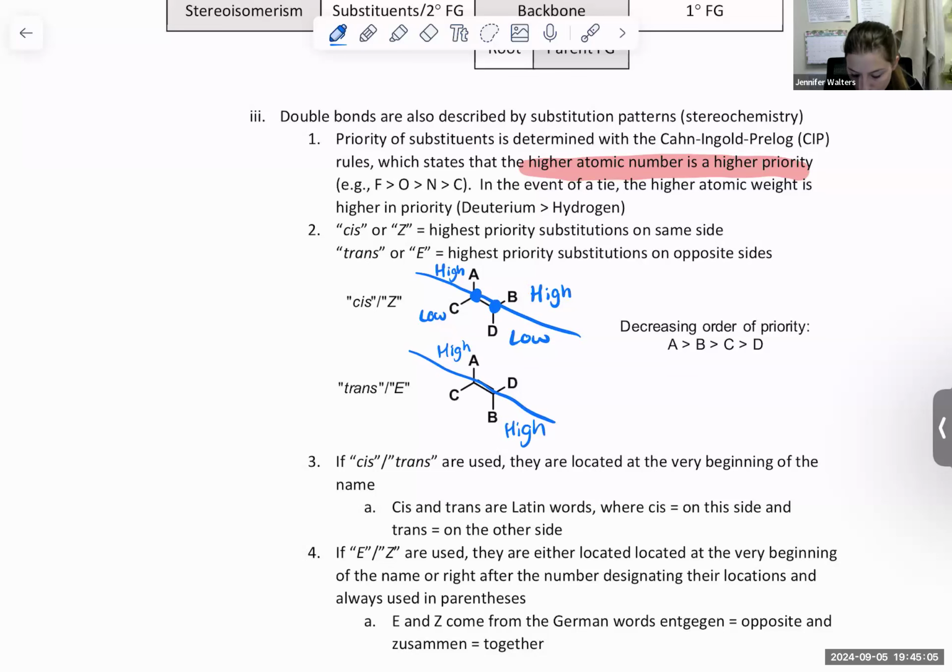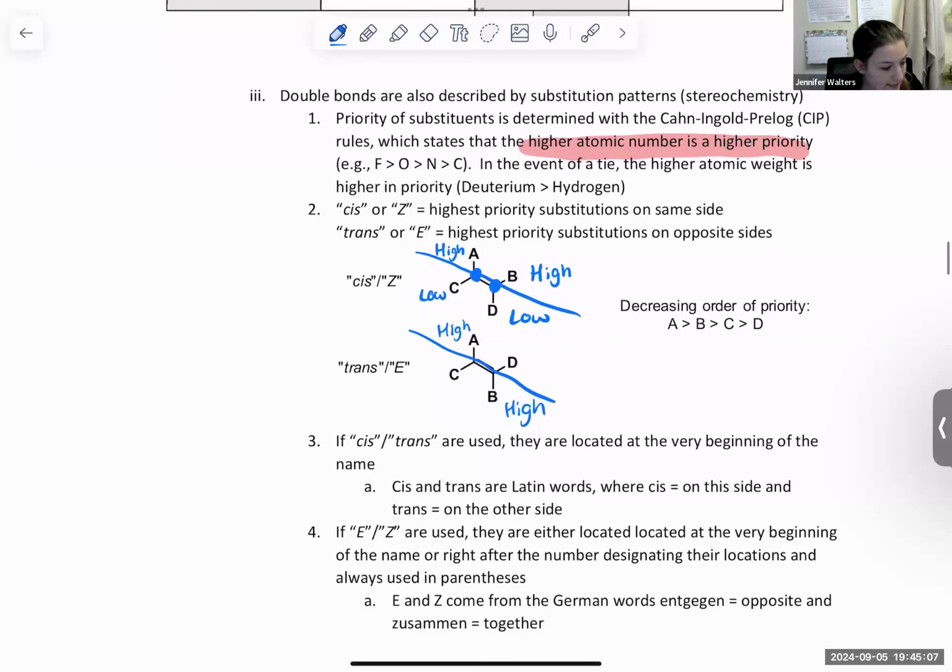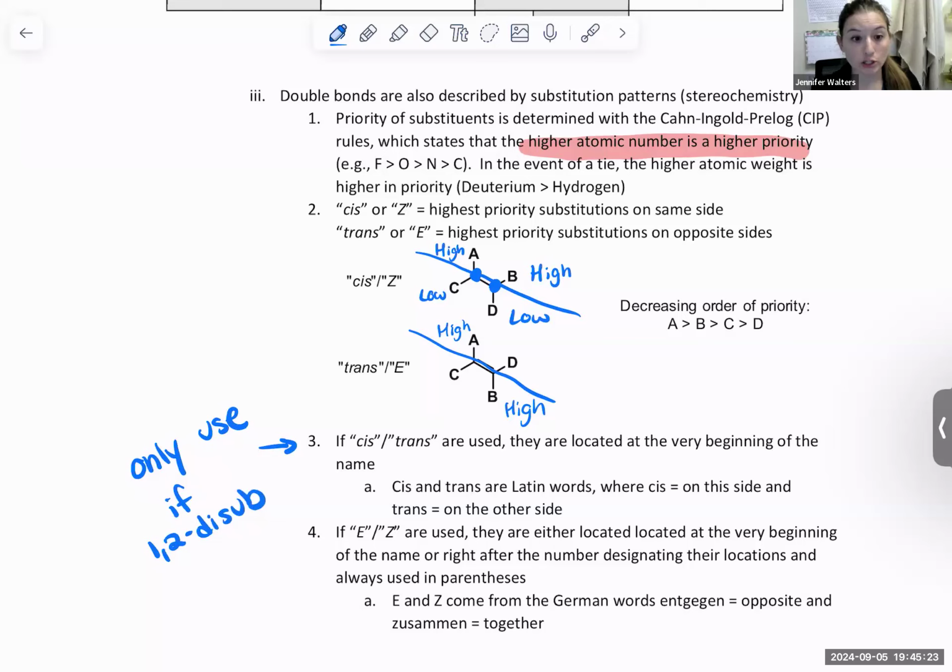That's opposite side. We're going to only use cis and trans when our alkenes are 1,2 disubstituted. Substituent meaning non-hydrogen. So that means that I have a non-hydrogen just on each side.